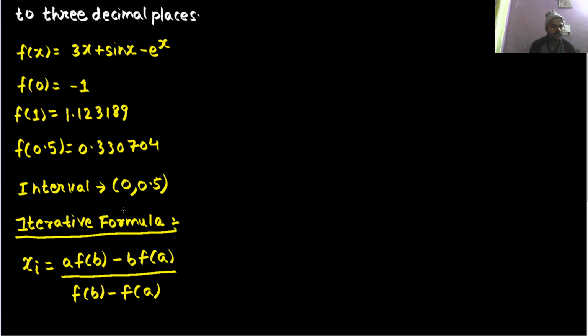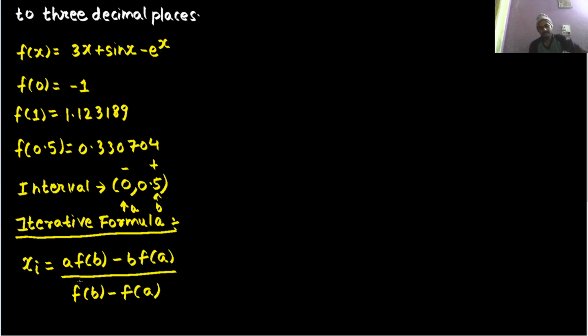And a and b are your interval: this is the value of a, this is the value of b. Fine. So if the value of the function at x_i comes negative, you know that your value of the function at a was negative, so you replace the a value.